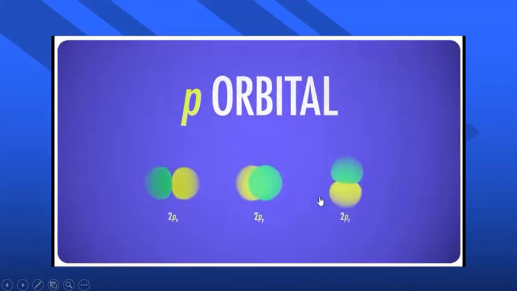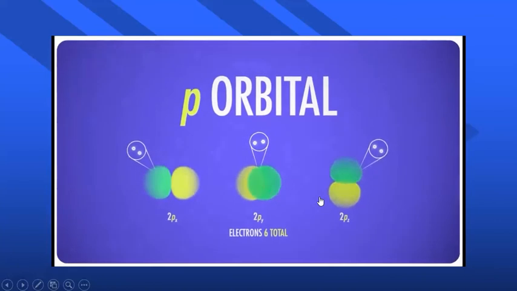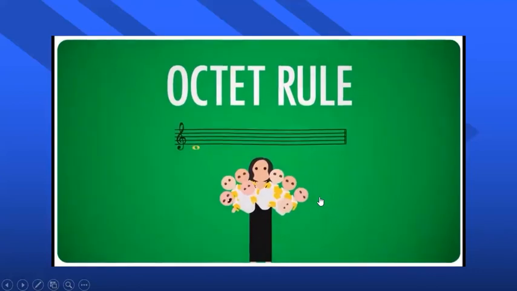The second electron shell, though, is physically larger and thus can include more than just the s orbital. A second sort of orbital with three different configurations is added, the p orbital. Instead of just being a single tone, the p orbital is more like a three-part harmony, with two electrons in each part for a total of 6. Those 6 electrons of the p orbital plus the 2 s electrons are the 8 electrons referred to in the octet rule, the desire for most of the lighter elements to have 8 electrons in their outer shell, just like a musical scale.